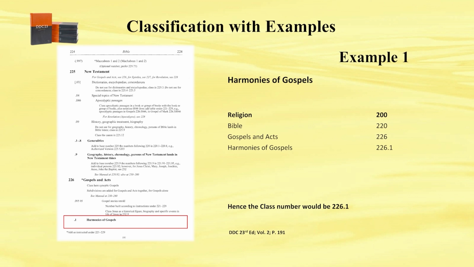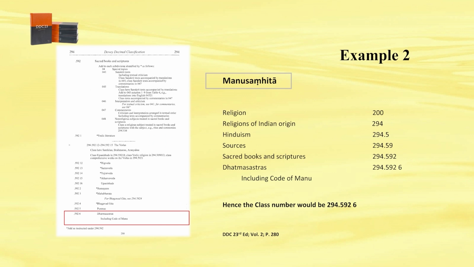Next, move to the next one, that is Manu Samhita, or the codes or the laws as derived or as told to us by Manu. As per Hindu mythology, he is the first man in the world. So the Code of Manu, as it is related to Hinduism, we have to go in religion.